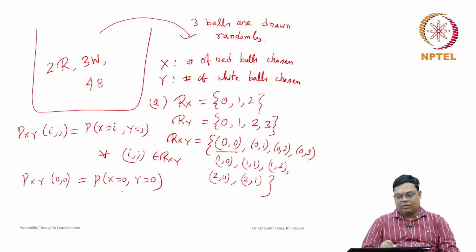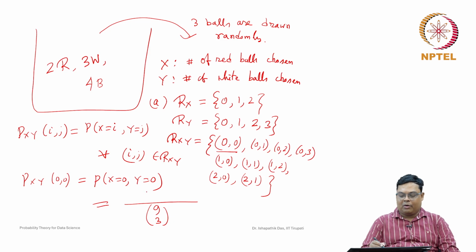If you draw the 3 balls, the number of red balls is 0 and the number of white balls is also 0. Because it is equally likely, the total possible ways to draw the balls: 9 balls are there, 3 balls you are choosing randomly, 9C3.